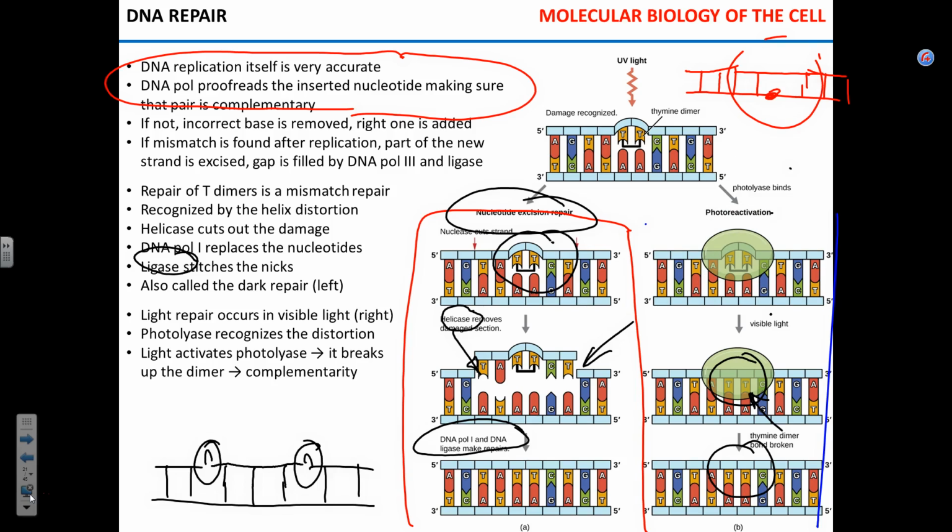So we start with a problem that UV light right here causes the formation of the thymine dimers when two adjacent thymine residues in the same strand are connected. When they are connected, the normal hydrogen bonds between the thymine and the adenine on the other strand cannot be formed.